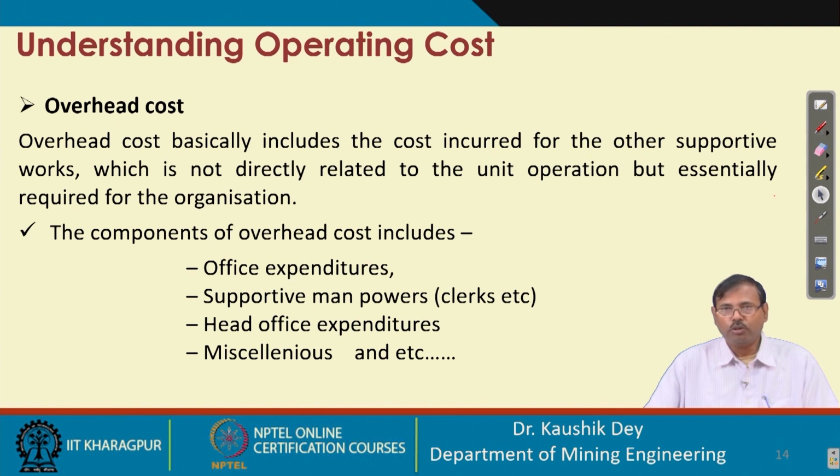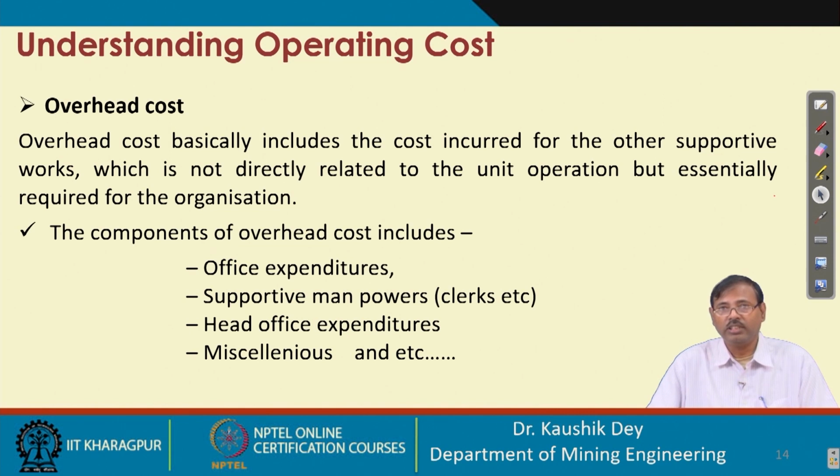Next cost head is the overhead cost. Overhead cost basically includes the cost incurred for the other supportive works, which is not directly related to that unit operation.